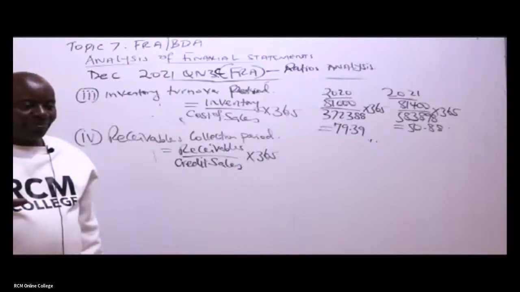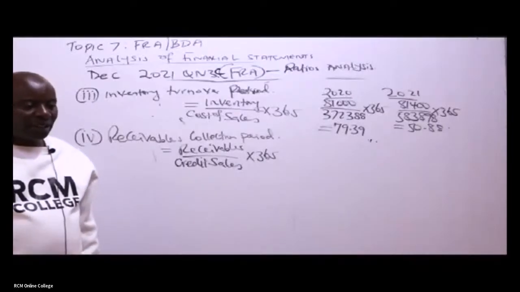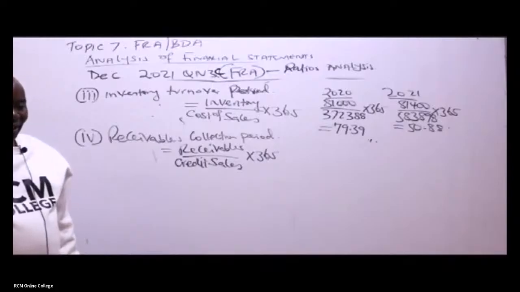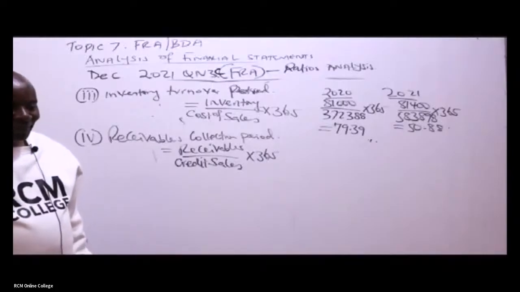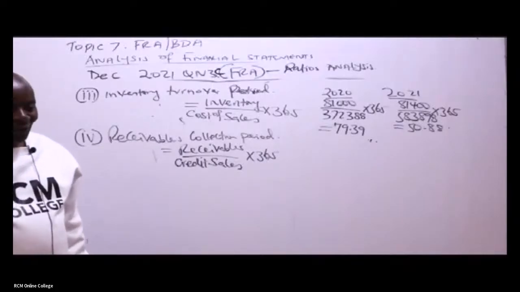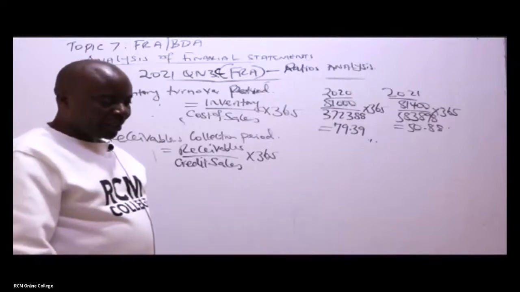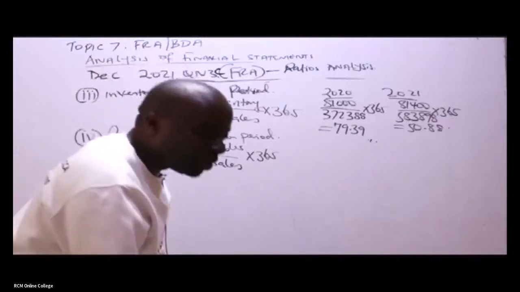Somebody can just take a snapshot of this question and send it to us, we shall be happy. Pius, somebody has tagged you there. Thank you so much. So let's go slowly here.